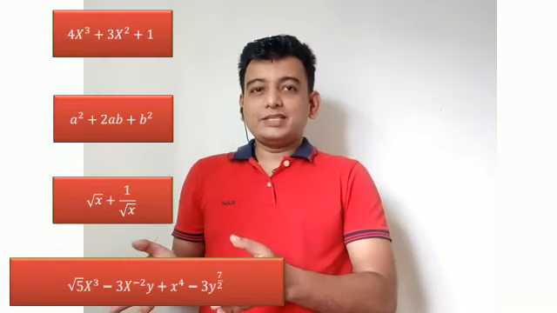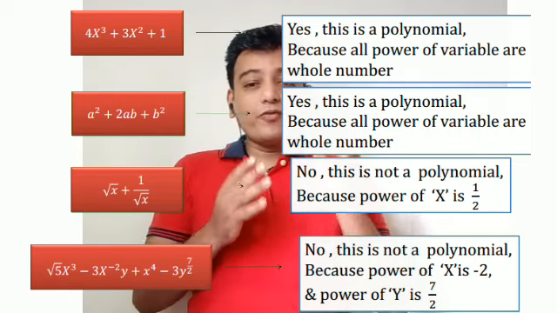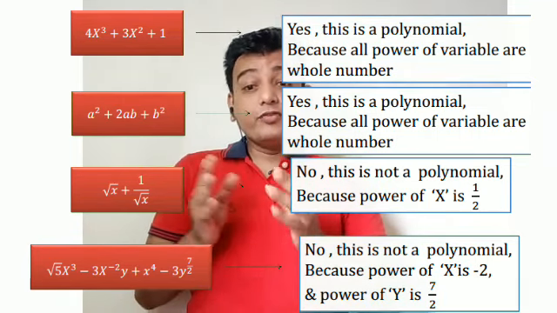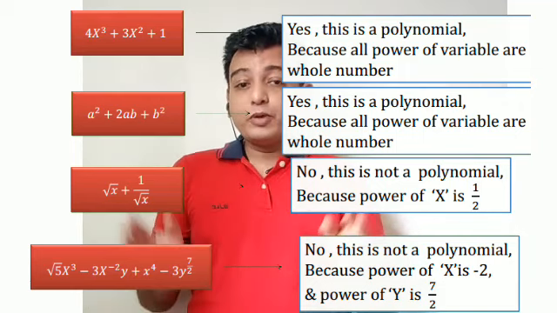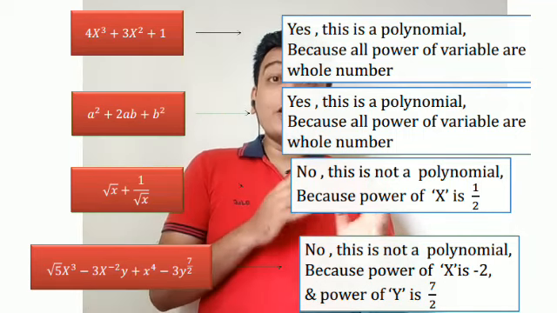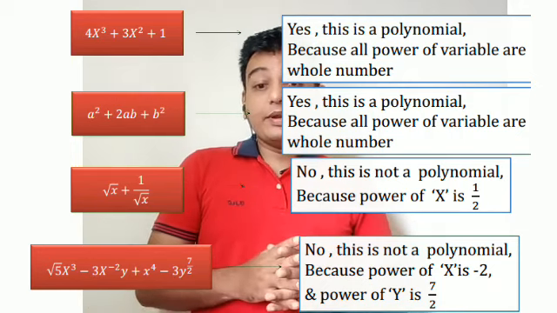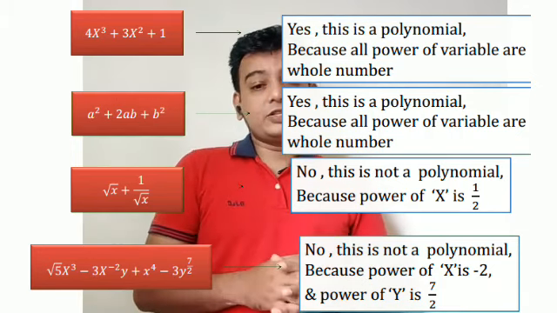So look at this answer. Number 1, 4x cubed plus 3x square plus 1. Here we can see that the degree of this polynomial is 3 and 3 is a whole number. So the first one is our polynomial. Second, a square plus 2ab plus b square.